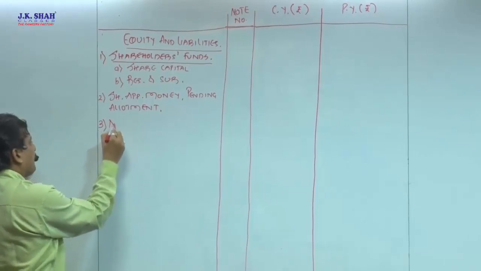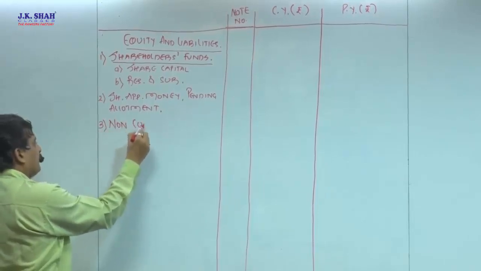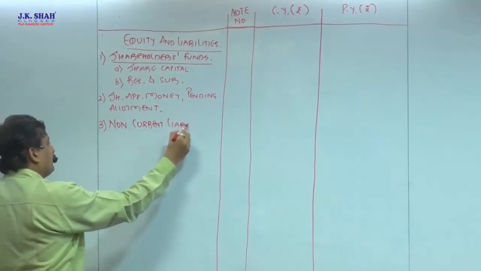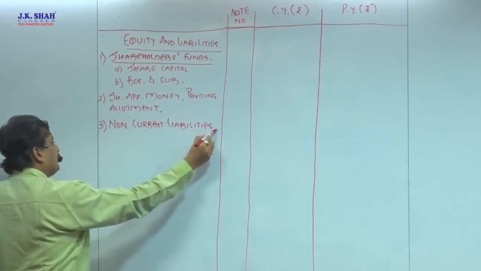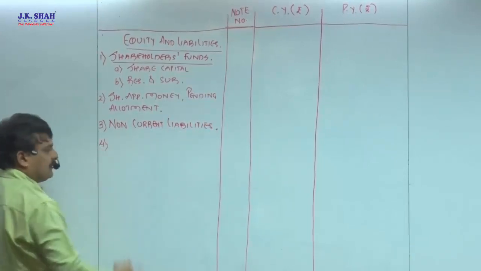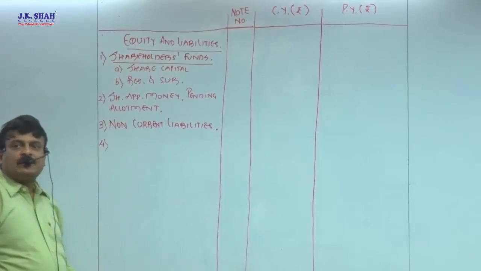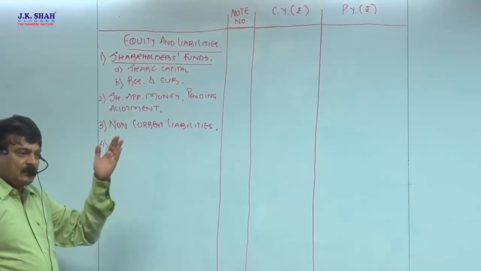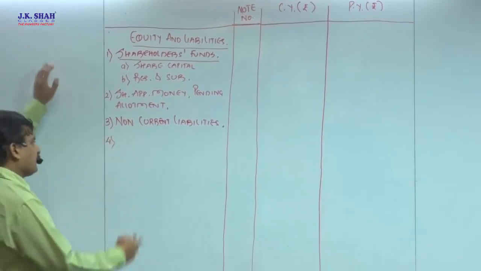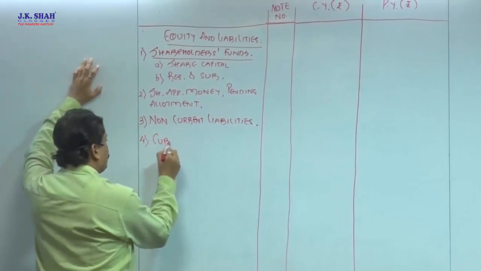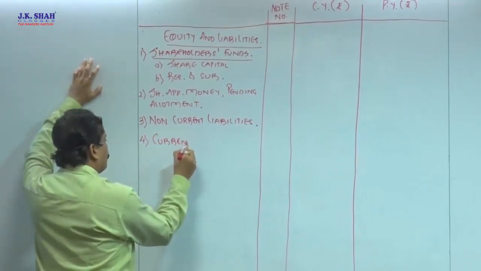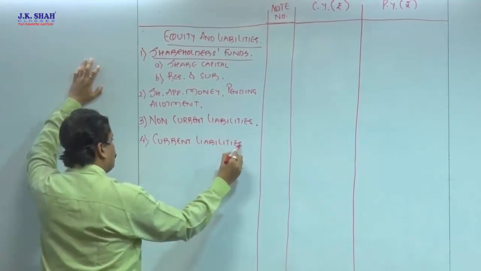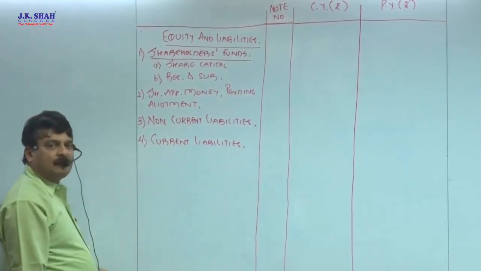Third will be non-current liabilities. What do I mean by non-current liabilities? Long-term liabilities, those which are not short-term, long-term liabilities of the company. And the last one will be current liabilities.